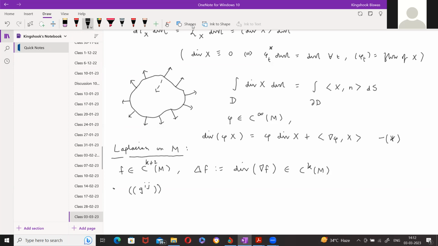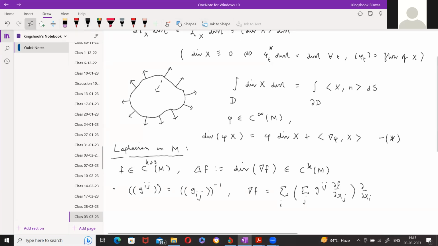If the matrix g^{ij} was the inverse of the matrix g_{ij}, where g_{ij} was the matrix of the Riemannian metric, right? Then grad f was the sum over i of the sum over j of g^{ij} times del f del x_j, the whole thing times del del x_i, right, in local coordinates. Okay.